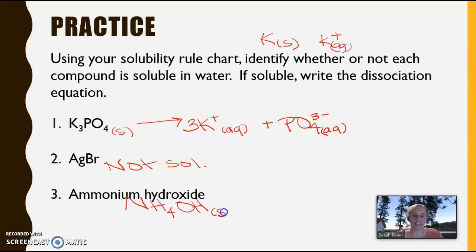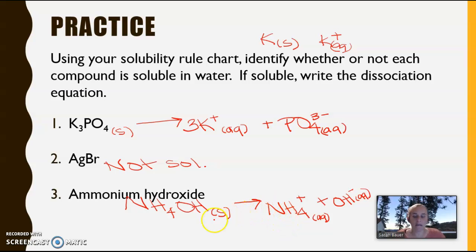So when it dissolves in water, so this is the solid, and then I put it into the water, and it becomes the ammonium ion. So I'm going to include the charge now. Dissolved in water, plus the hydroxide ion, dissolved in water.